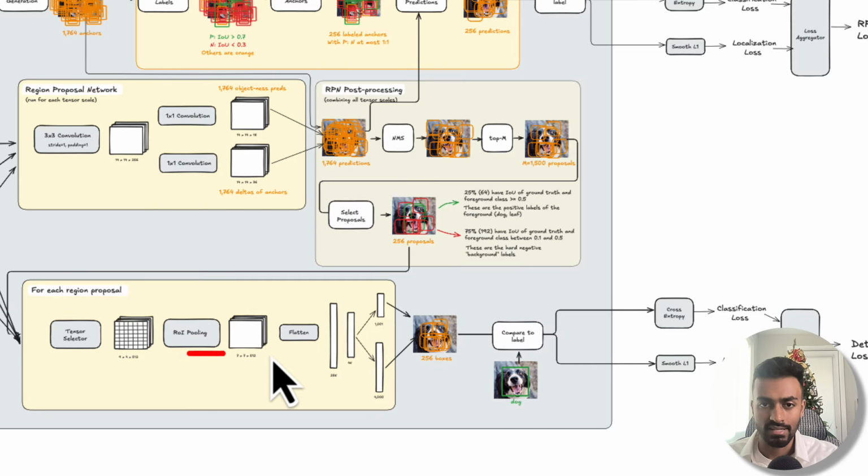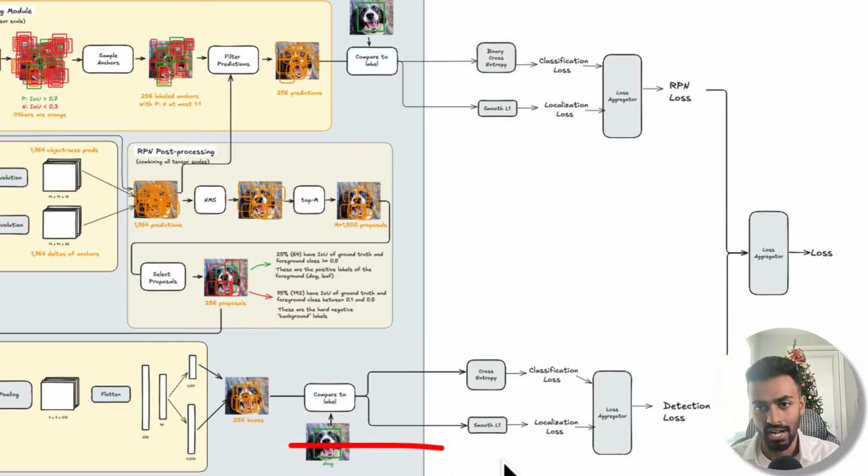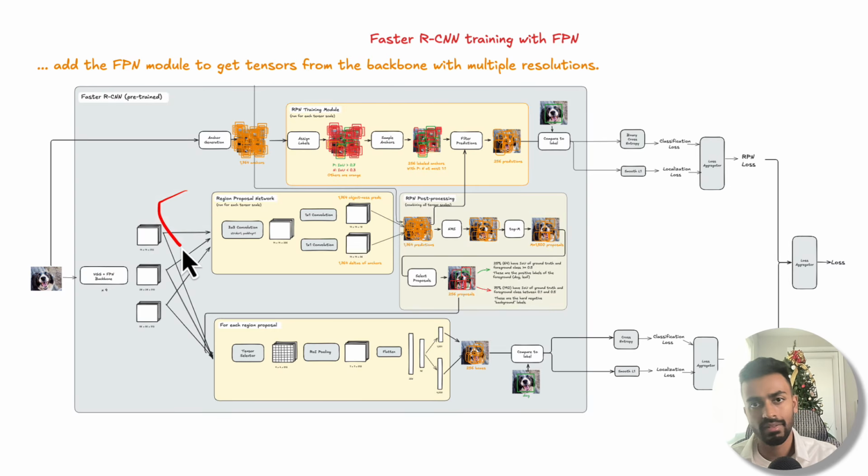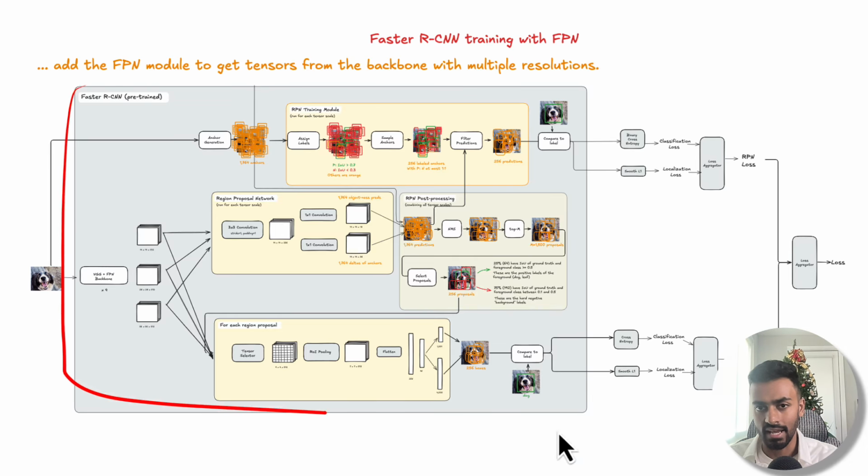We process this entire path and generate up to 256 bounding boxes. And then we can generate a detection loss, compute the full loss, and then perform backpropagation. So that's how this entire FPN module can be added over to Faster R-CNN.